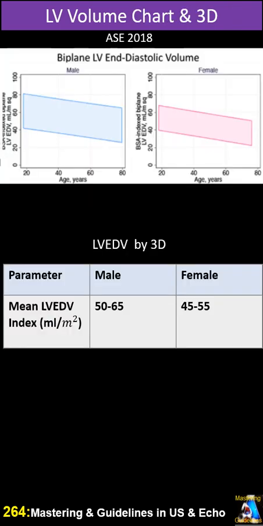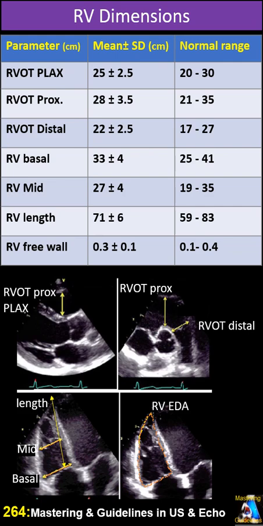Here we have a chart for those volumes on the left ventricle and 3D measurement for left ventricle and diastolic volume. Here we have right ventricle dimensions, just for reminding: proximal on the PLAX, proximal on the PSAX, distal on the PSAX, RVOT, all of them.